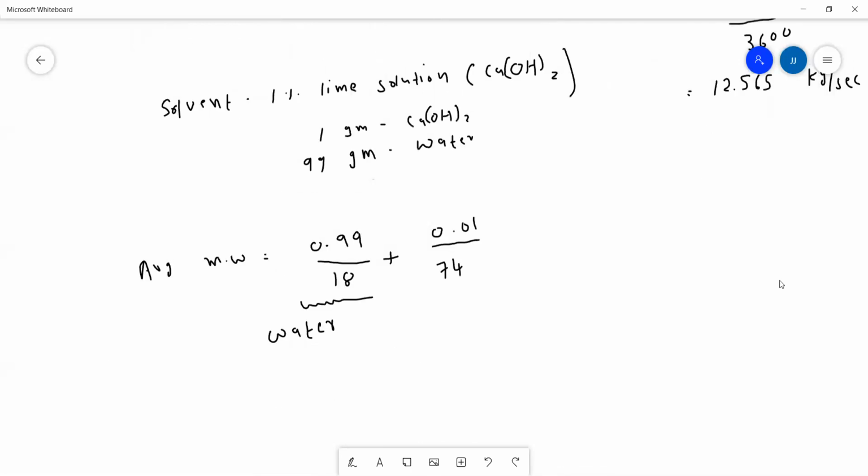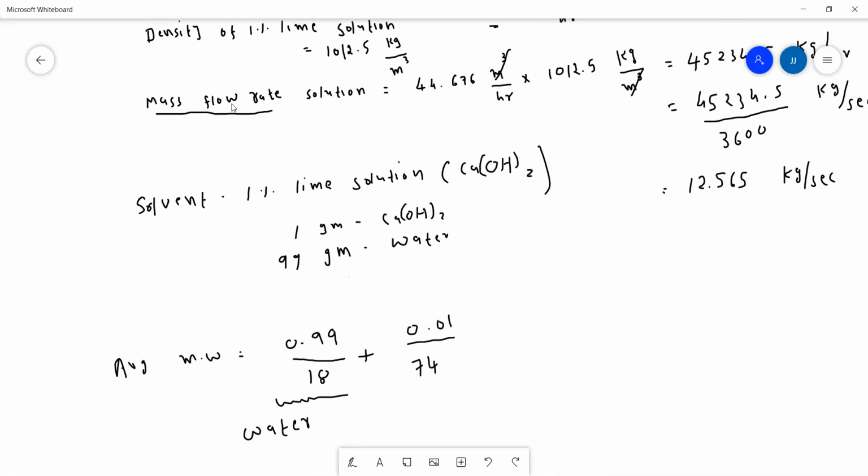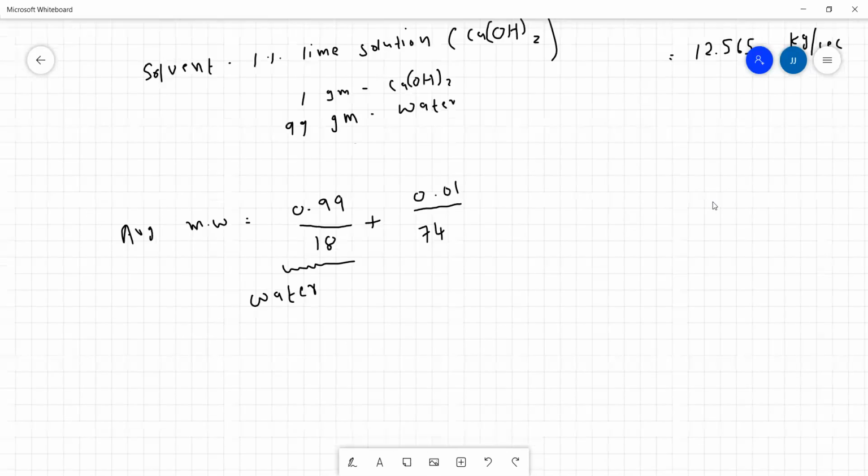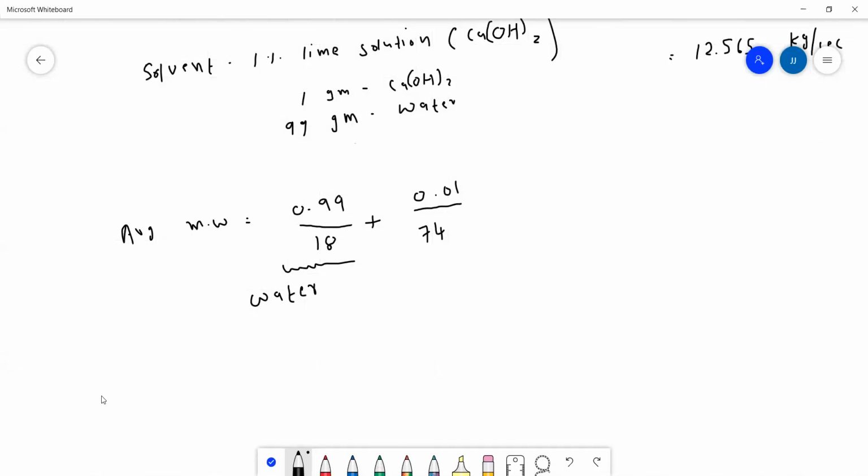Now if you want to determine the molar flow rate of liquid, which is represented by Lm, then we have a mass flow rate of 12.565 kg per second, and this is multiplied with this, because we are converting kg into kilomole.